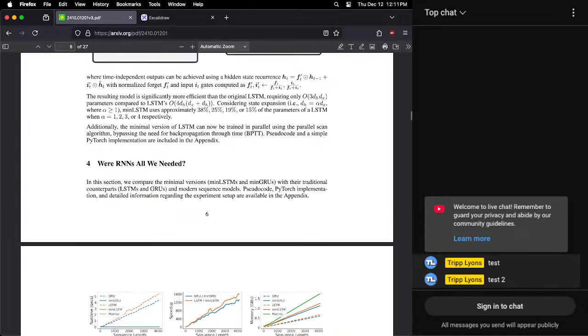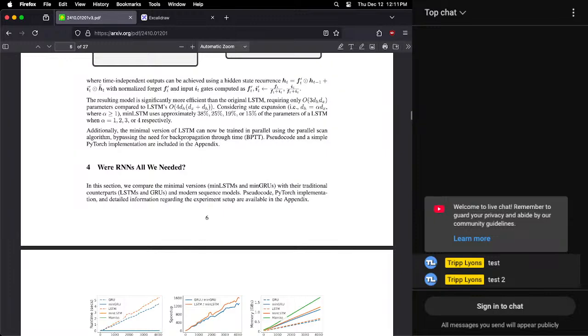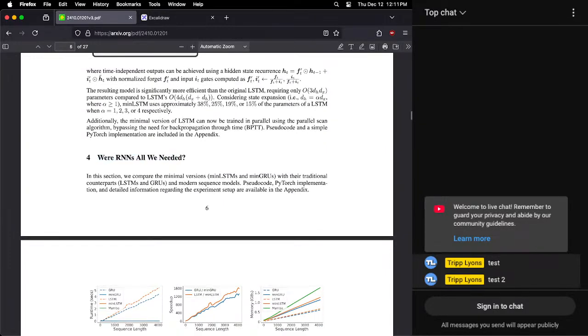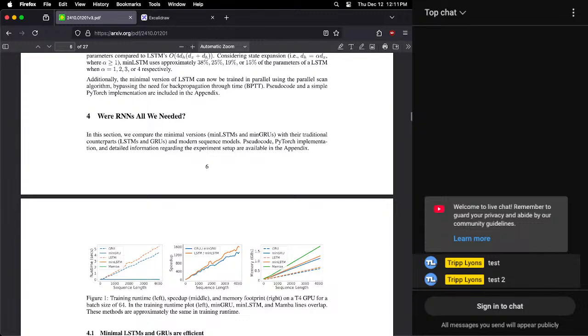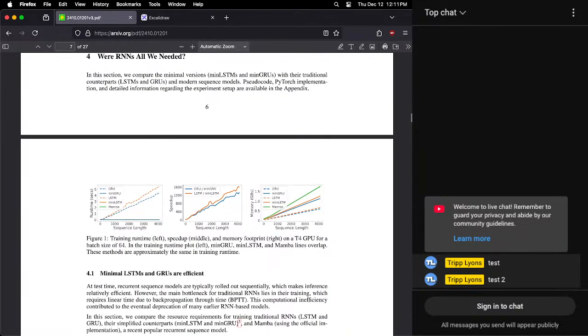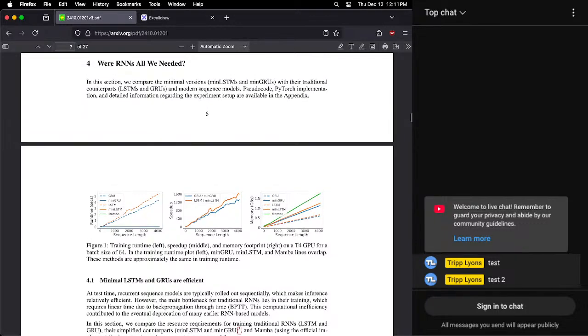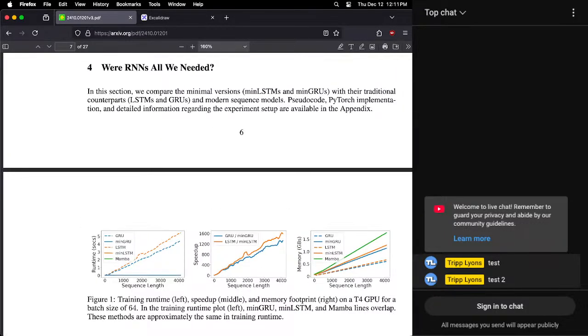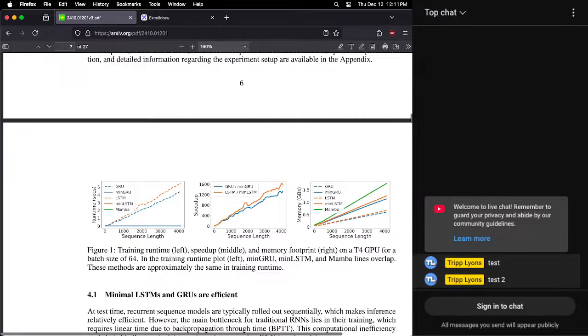Okay. Here are their results. We compare the minimal versions with their traditional counterparts and modern sequence models. So look at the runtime as a function of sequence length. And this is, I believe, runtime measured by how long it takes to do a single token, because this looks like it's constant per token and linear per token.